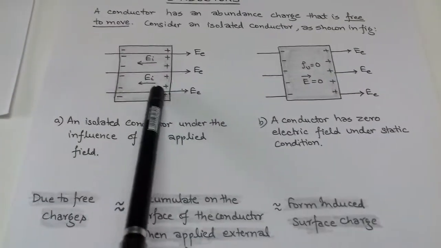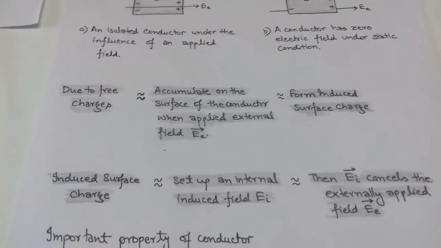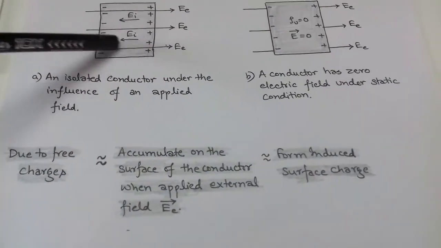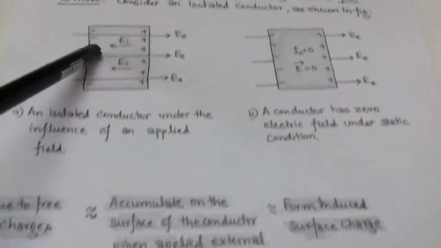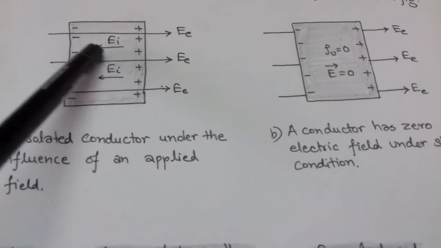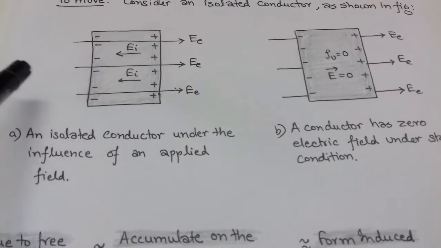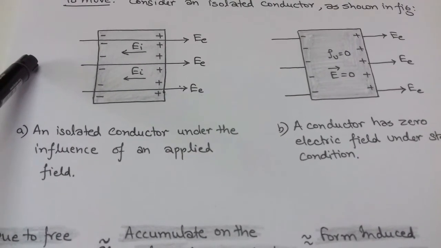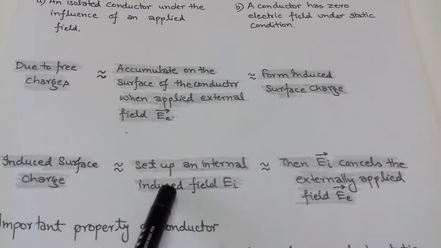Since the external field originates from some positive source of charge and terminates on some negative source, due to this induced surface charge there is an internal electric field also, and the direction of this internal electric field is from positive to negative charge inside the conductor.